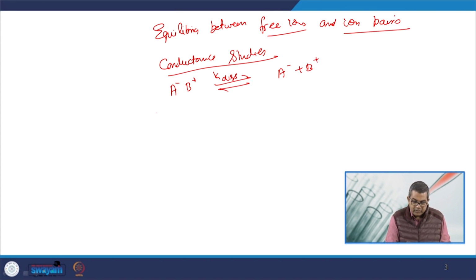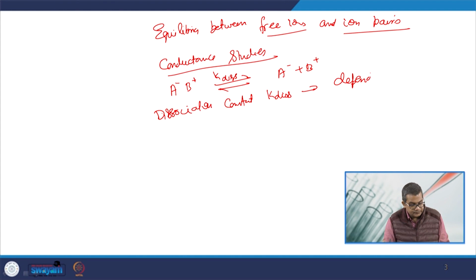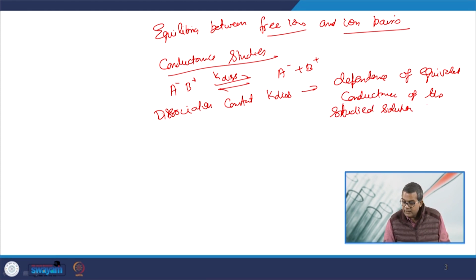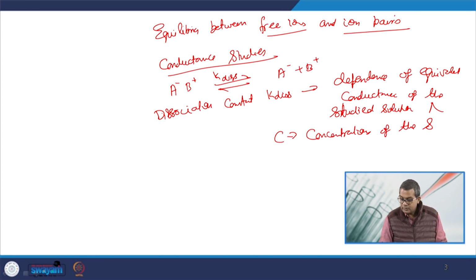Now, the dissociation constant K dissociation is derived commonly from the dependence of the equivalent conductance of the studied solution on the concentration of salt, usually denoted by C, that is the concentration of the salt.